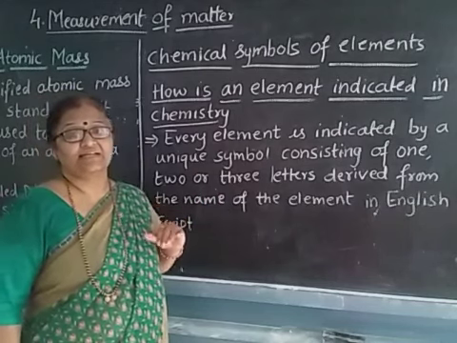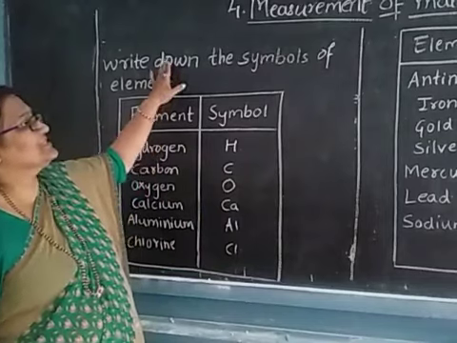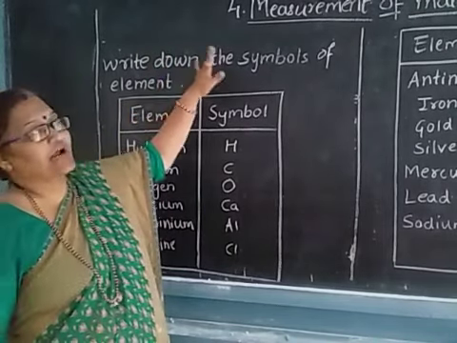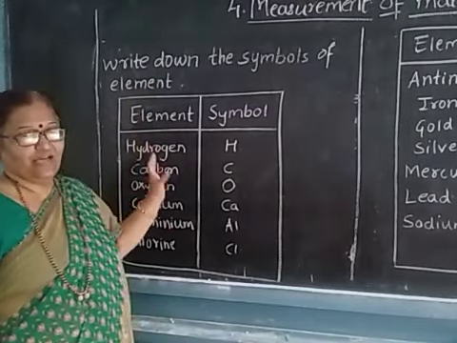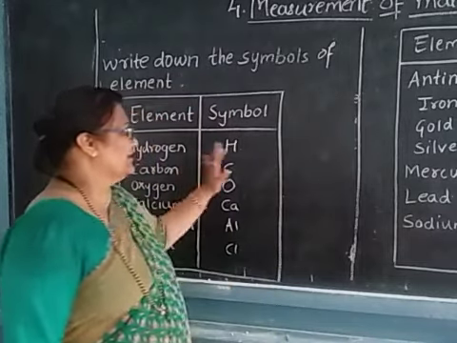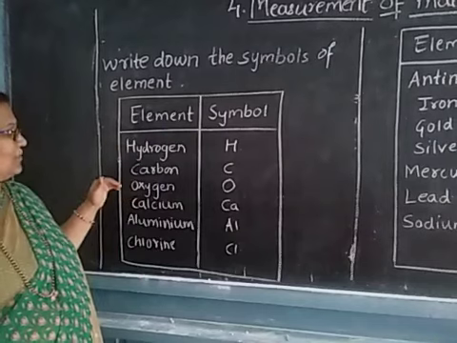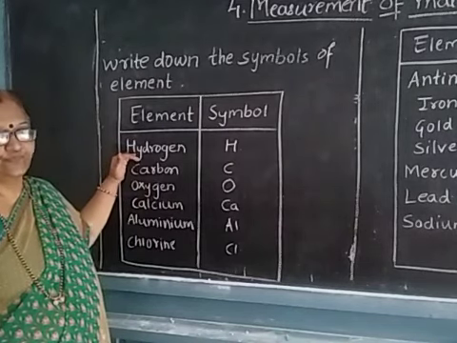The next question, in your textbook, is to write down the symbols of the elements. Here we have made a table with 2 groups, one of elements and the other of symbols. The first element is hydrogen.